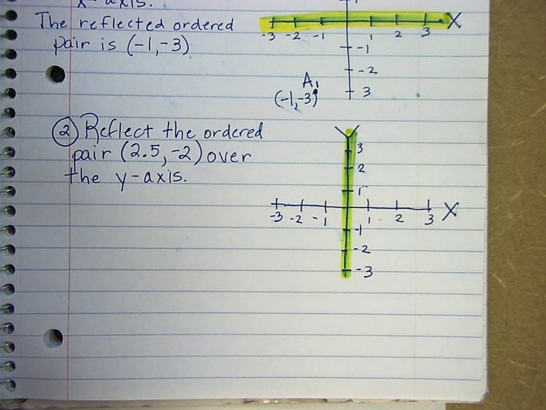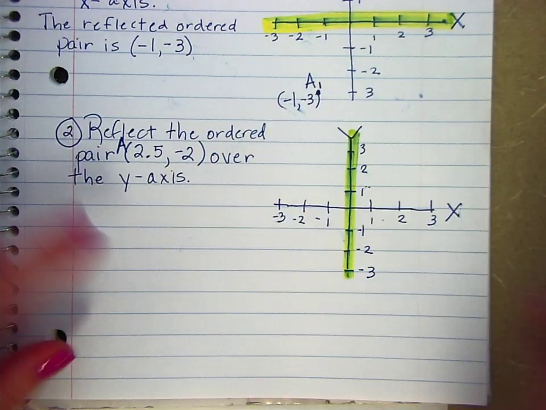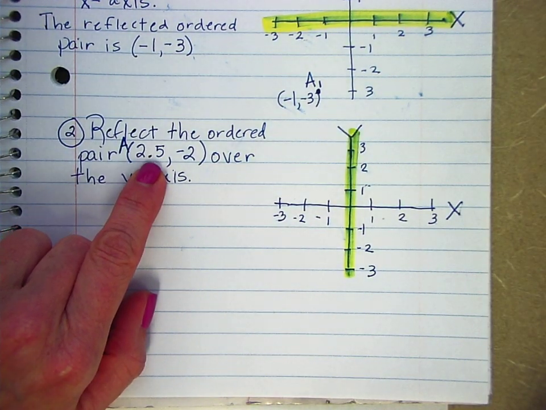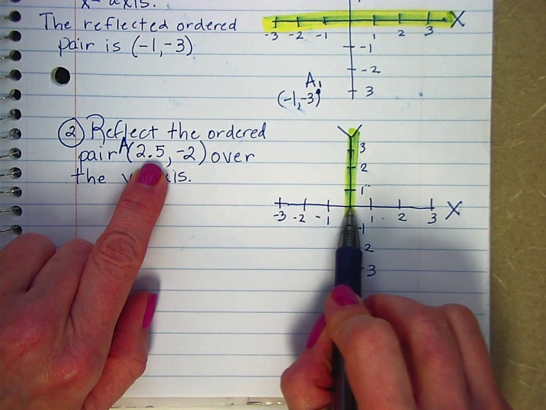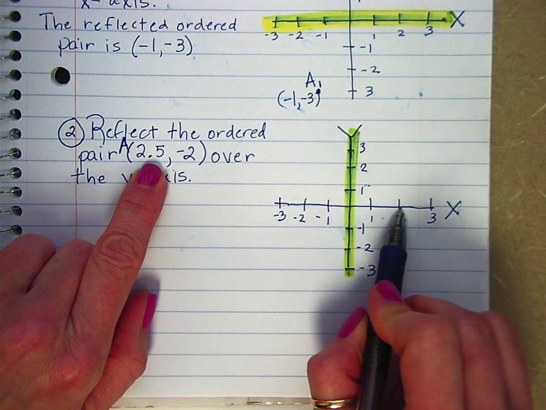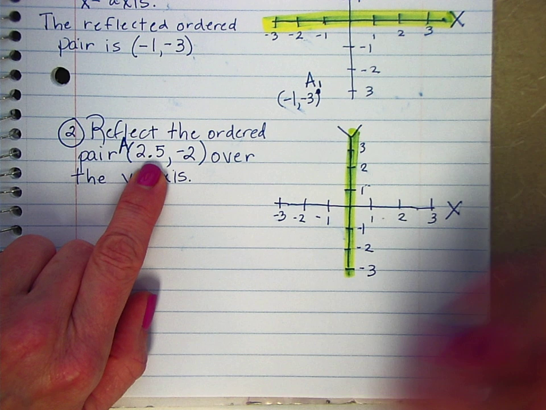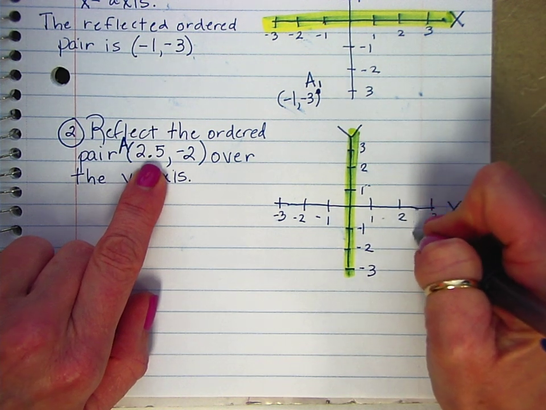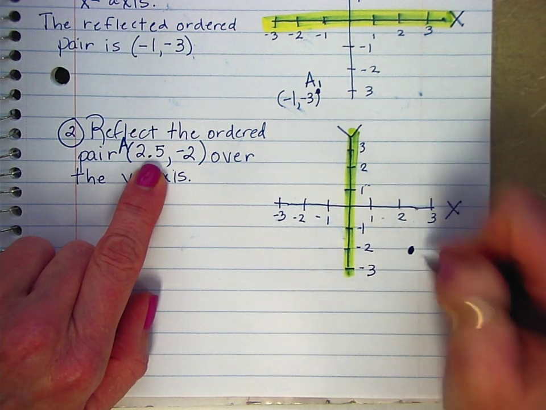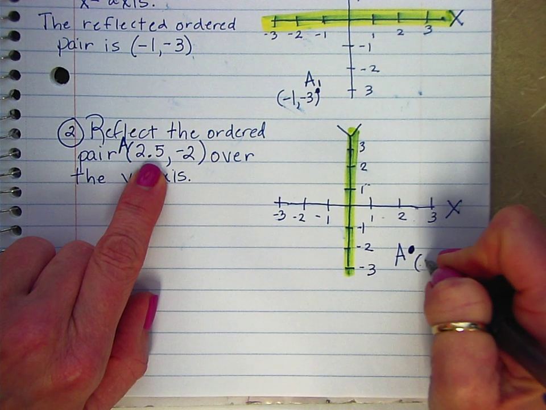I'm going to plot A, which is 2.5, and then -2. So I'll go +1, +2, +2.5, down 2.